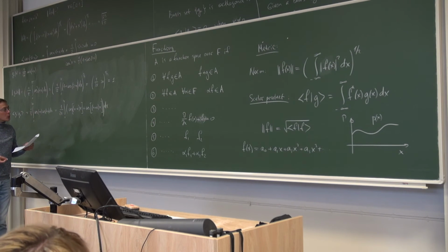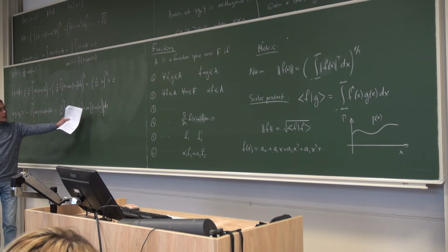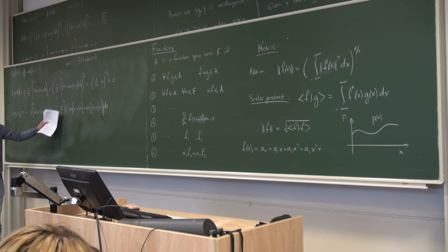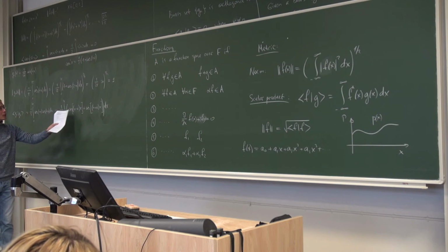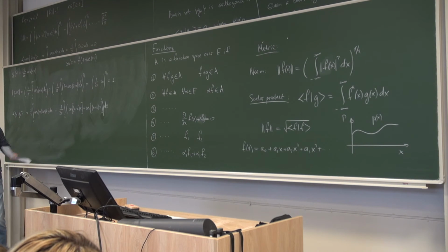If n is not equal to k, then this is an integer and that is an integer. It's an integral over a complete period or over several periods, depending on which numbers we have in here, so both are 0.